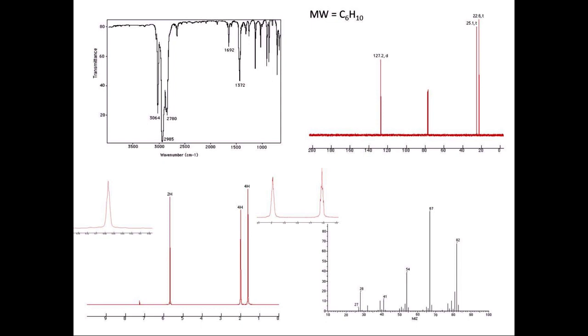These carbons at 25 and 22 aren't next to any halogens, we don't have any, aren't next to any oxygens, we don't have any, so they're very far upfield relative to the sp2 hybridized alkene. Now if you think about this, we have 3 unique carbons, and we have 6 carbons that we need to account for, and we have 3 unique types of hydrogens, and we have 10 hydrogens that we need to account for. So this signifies some amount of symmetry.